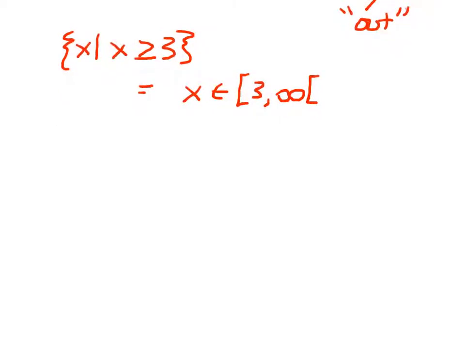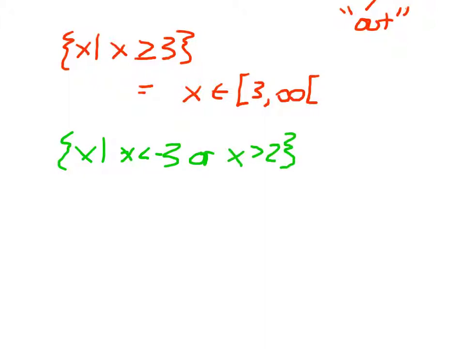What if we have an OR statement? Well, for example, we could write all real numbers x such that... sorry, let me back that up a second. All real numbers x such that x is less than -3 or x is greater than 2.